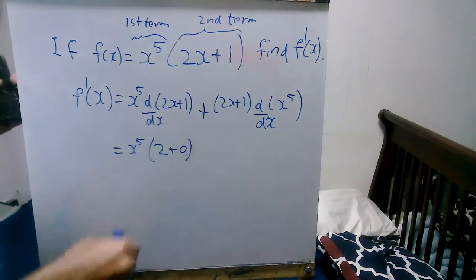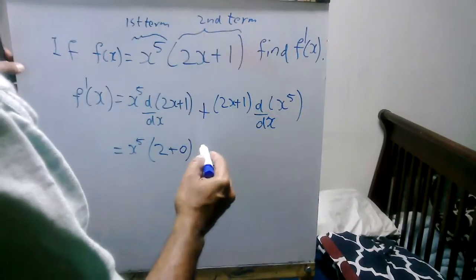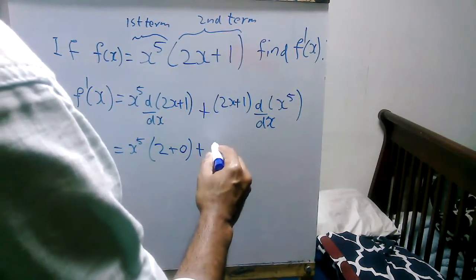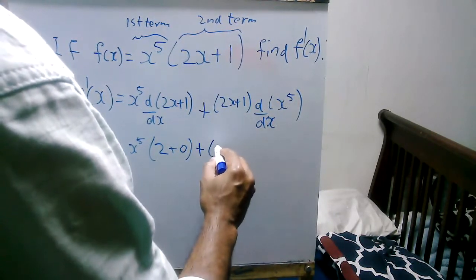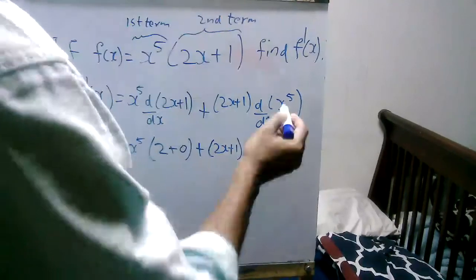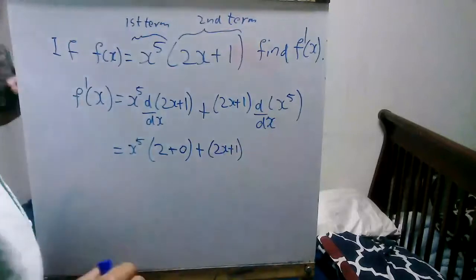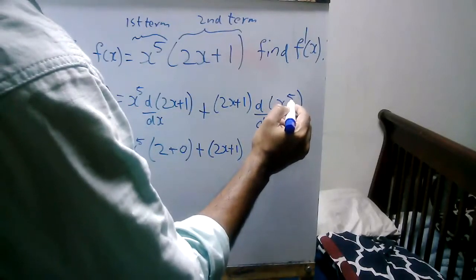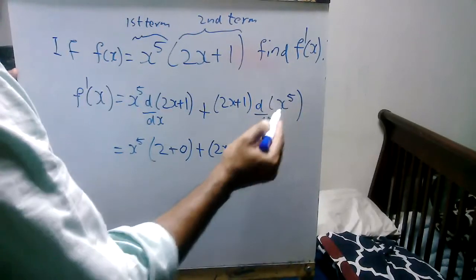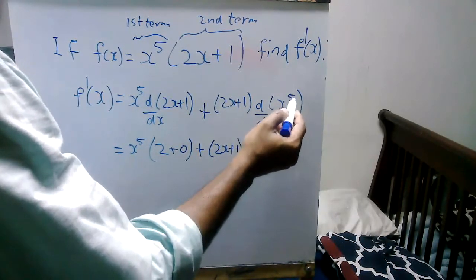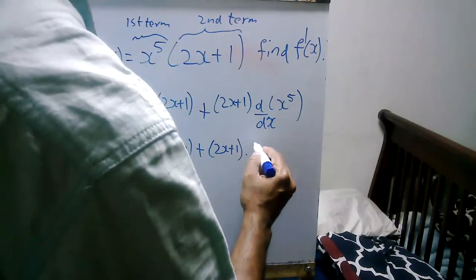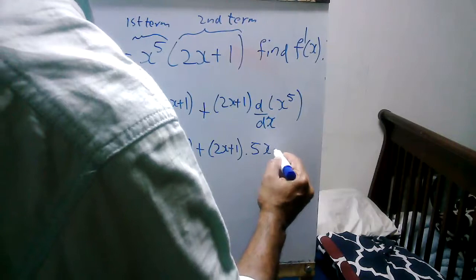In this example I write it, plus 2x plus 1 times the derivative of x to the power 5 from last time, which means using the power rule: 5 comes to the front, 5 x to the power 5 minus 1, which is 5 x to the power 4.